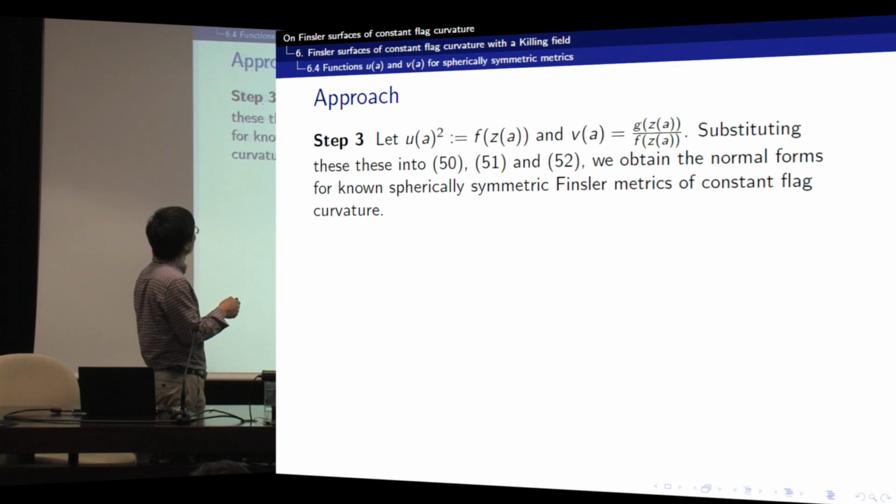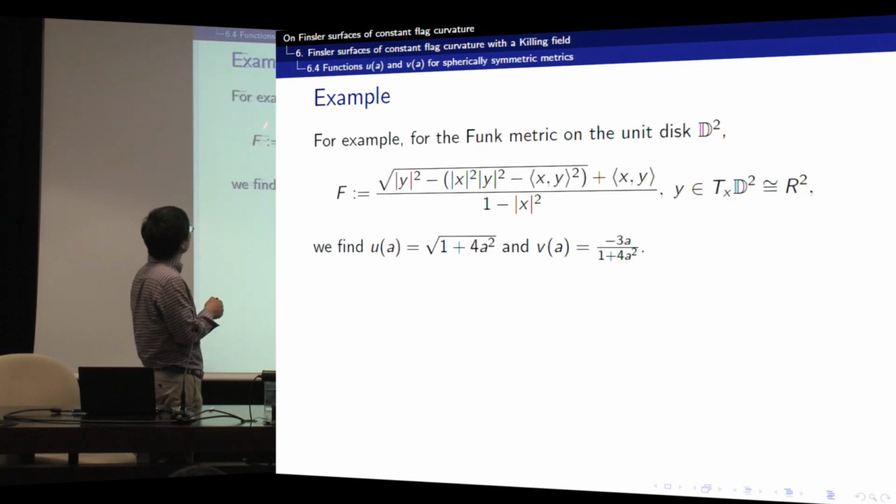Substituting this into equations 50, 51, and 52, we obtain the normal form for non-spherically symmetric Finsler metrics of constant curvature. For example, we can calculate this one, the Funk metric on the unit disk D².